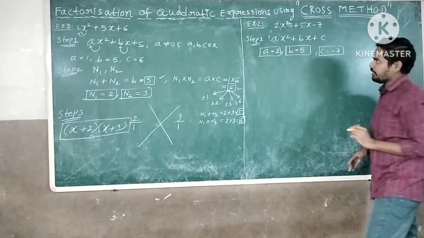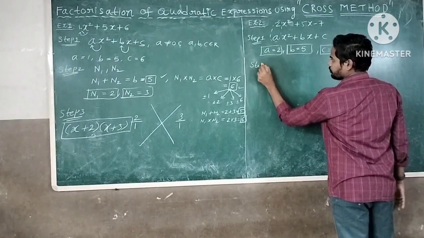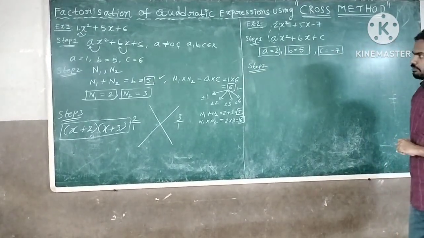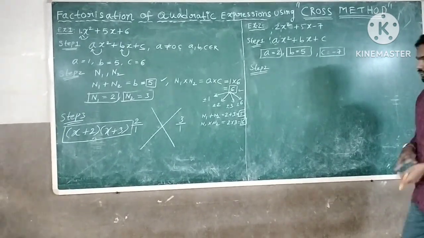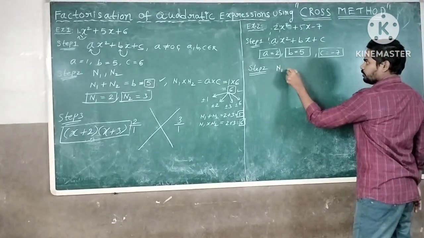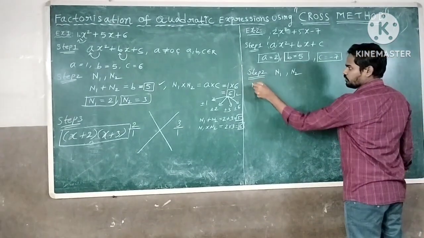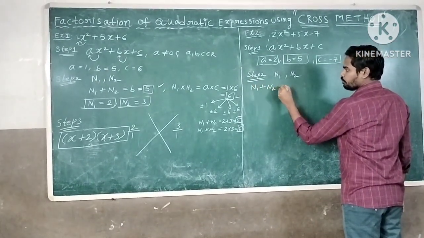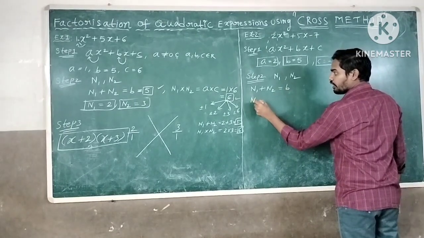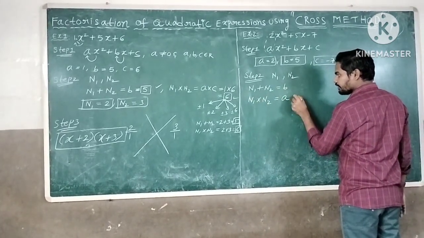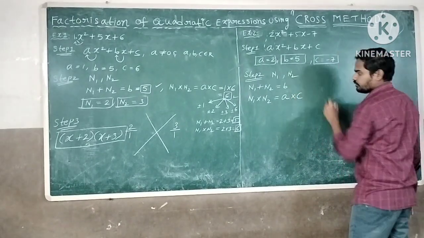Fine. The first step is completed. And what about the second step? Let's move on to the second step. In the second step, we should find two numbers. So let us consider n1 and n2 are two numbers whose sum must be equal to b, the coefficient of x, and whose product must be equal to the product of the coefficient of x square and the constant term.